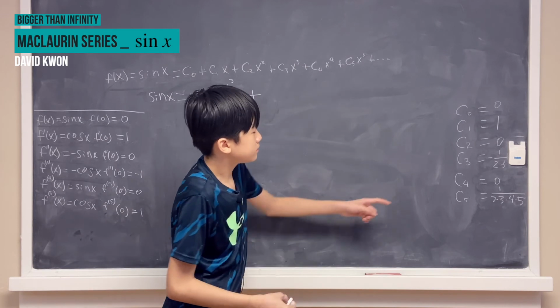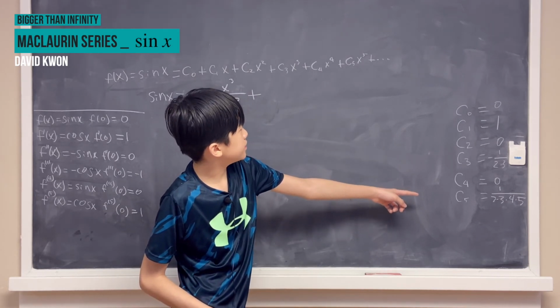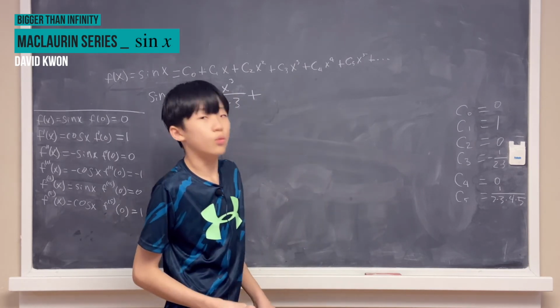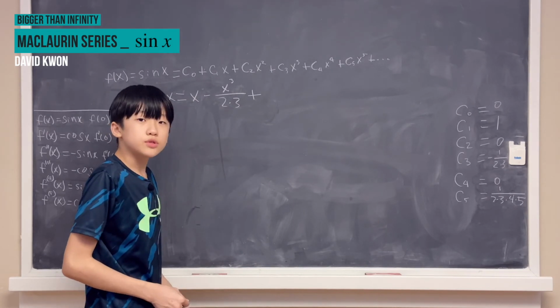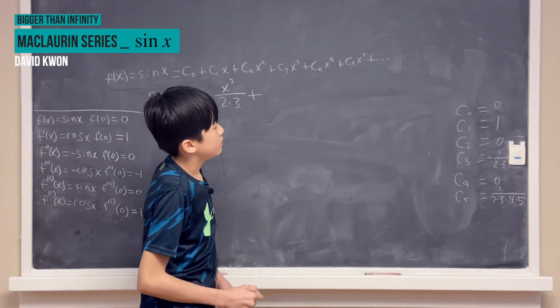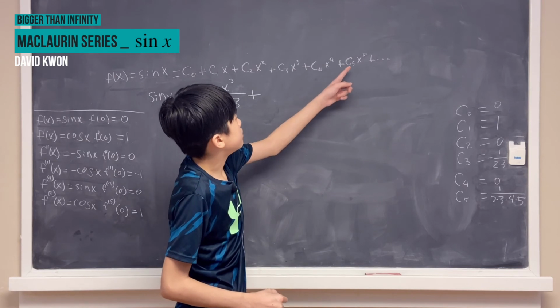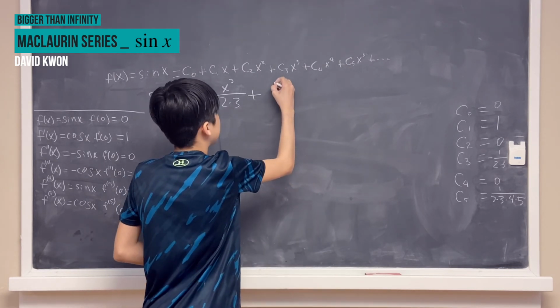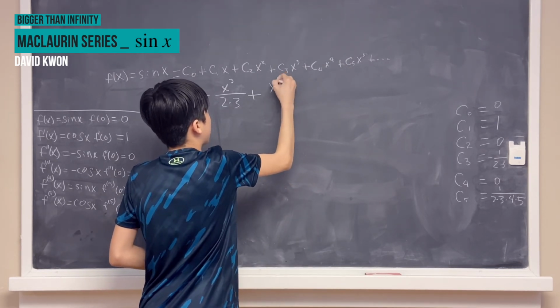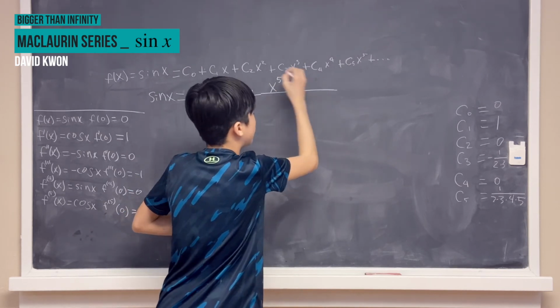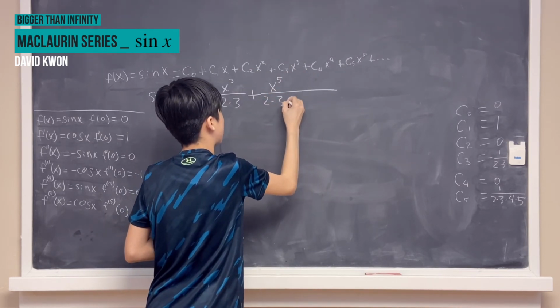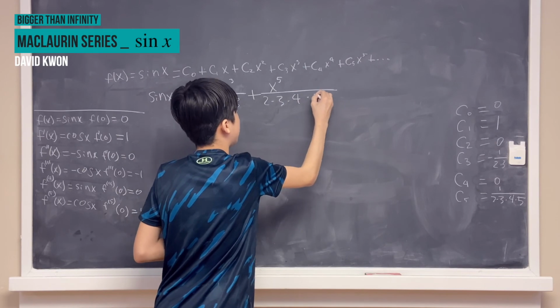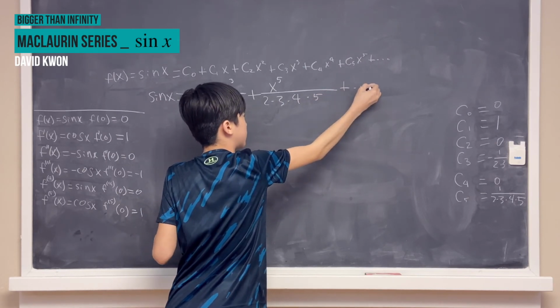And we have our c sub 5, which is equal to 1 over 2 times 3 times 4 times 5, times x to the power of 5. So we have x to the power of 5 all over 2 times 3 times 4 times 5 plus dot dot dot.